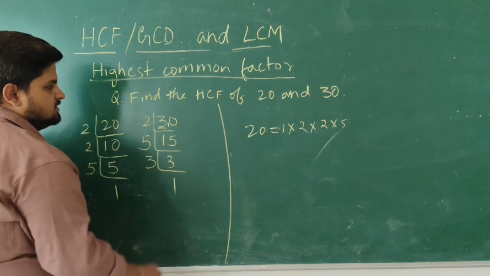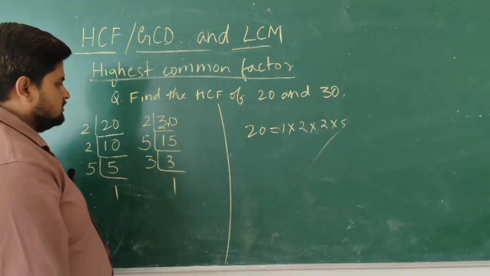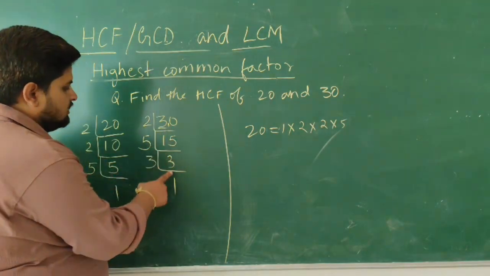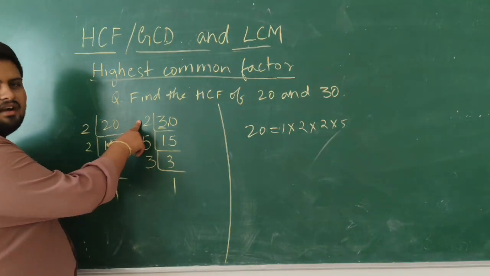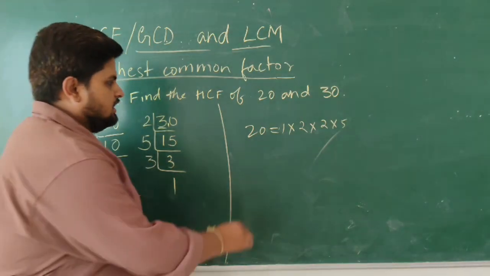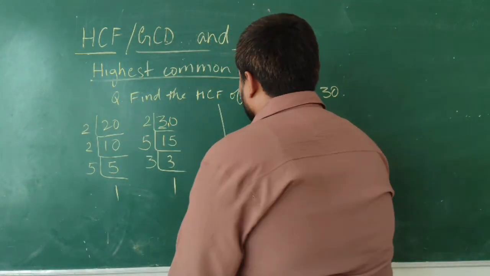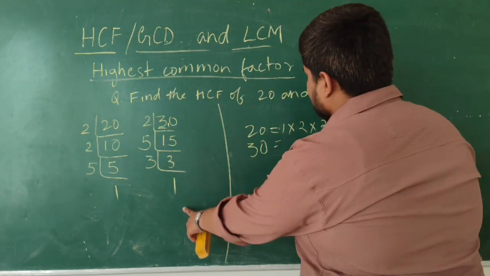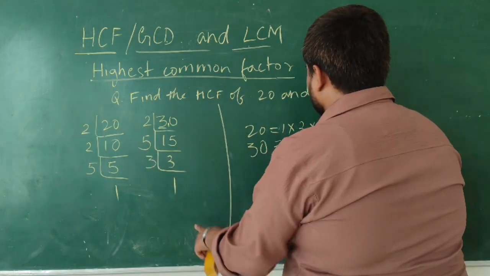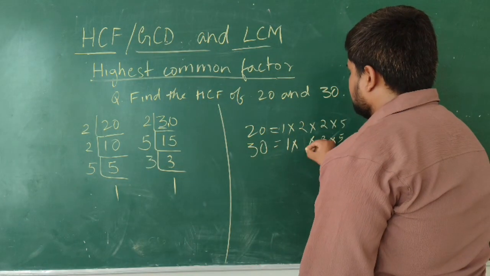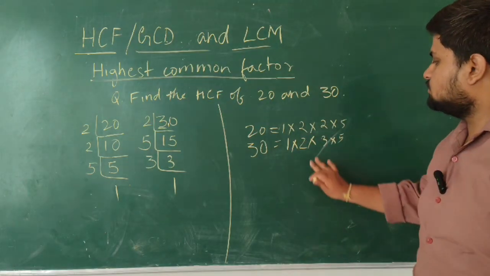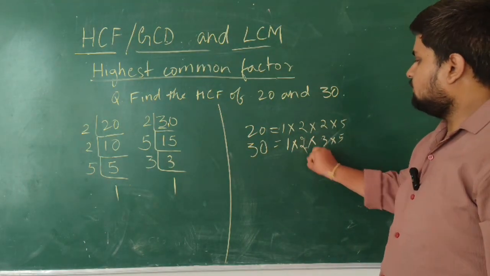Next, 3 1s are 3. So you can write 30 as 1 into 3 into 5 into 2. The order does not matter; you can write it in any order. I'll go with the lowest number first, so 30 is 1 into 2 into 3 into 5.